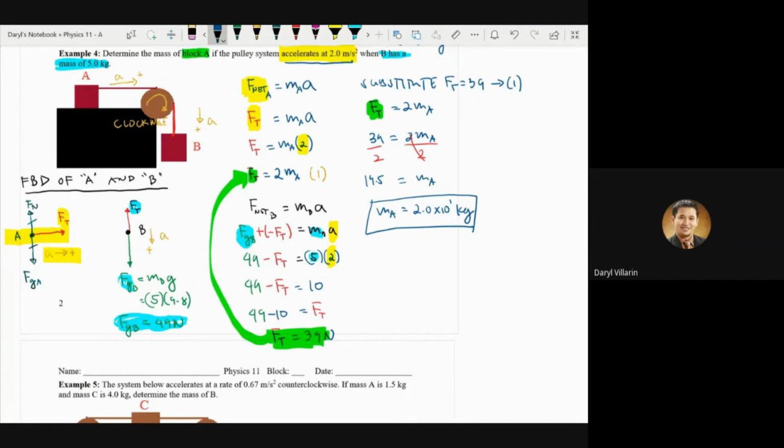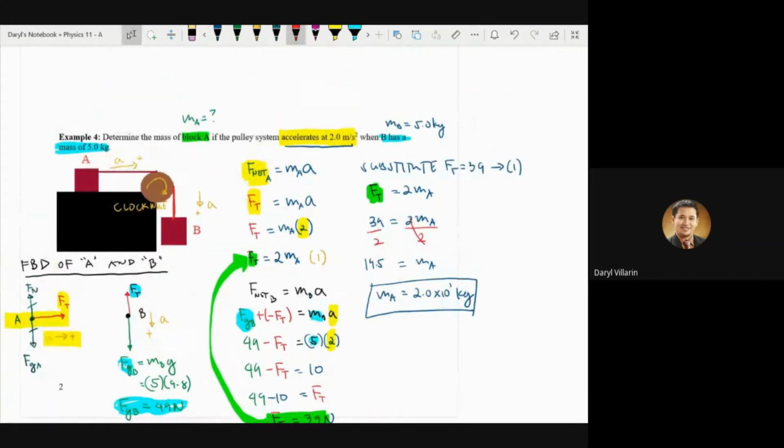So any question with this one here? Yes, teacher. So now I don't really understand what F net means. F net is, oh, this is going back to our first and second Newton's law, right? Net force.